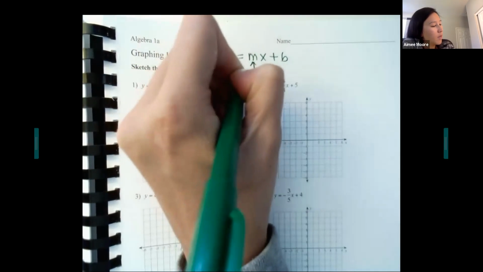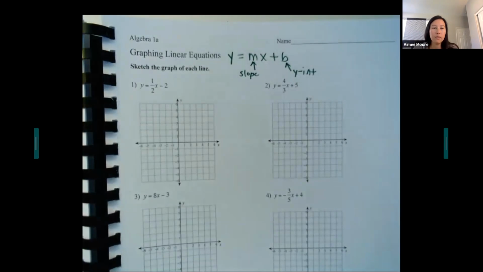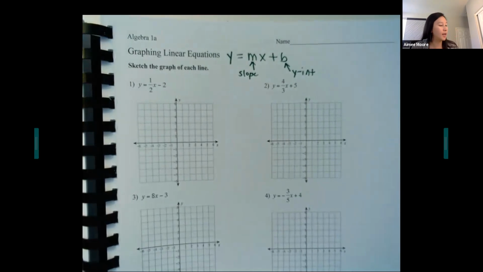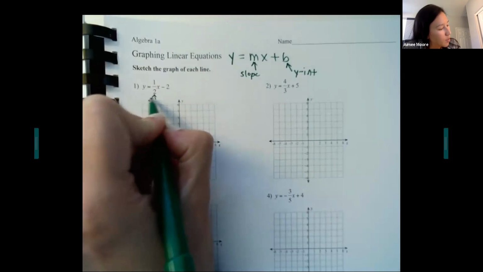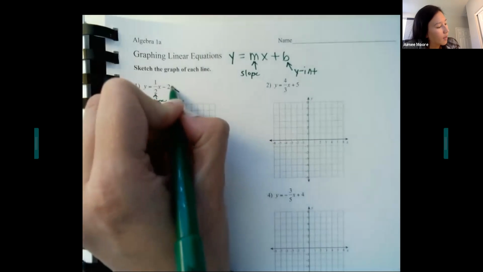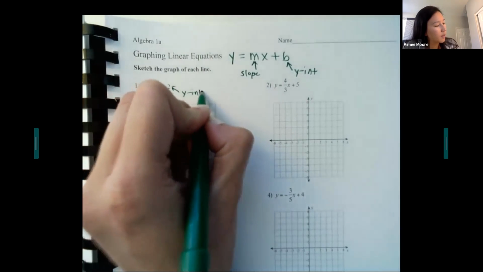Okay, and it's always just helpful to write y equals mx plus b. We know that m is our slope and b is our y-intercept. And so first we want to graph the y-intercept. So I would just label these first. So this is our slope and this is our y-intercept.